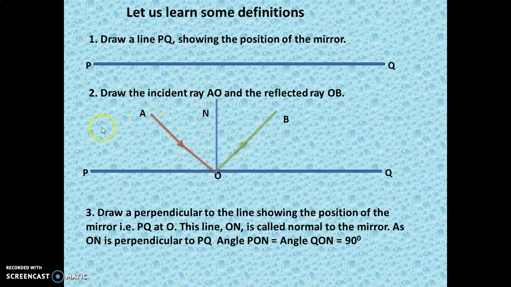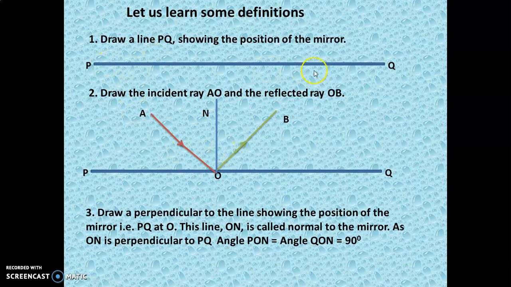Now where these two lines, AO and OB, meet, that is at point O, you are going to draw one straight line, and this line ON is called the normal to the mirror. As ON is perpendicular to PQ, angle PON and angle QON are equal to 90 degrees, because we know that perpendicular means angle 90 degrees.